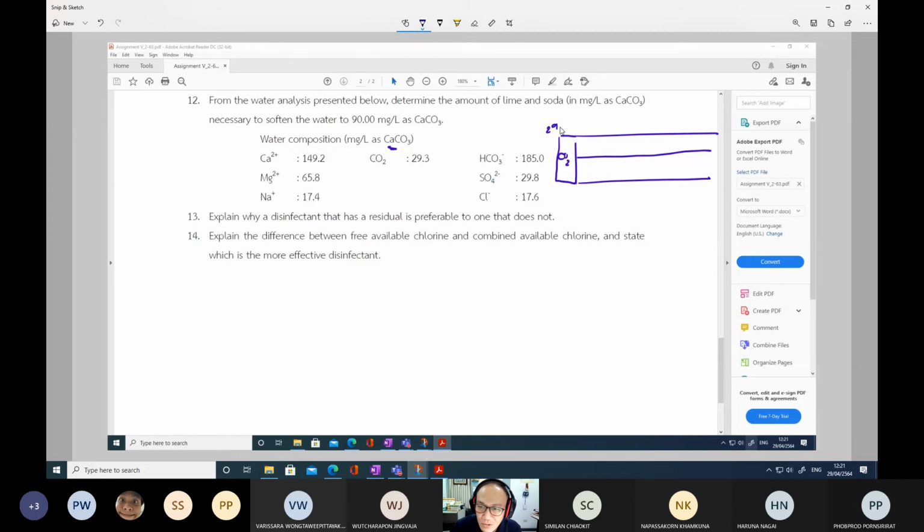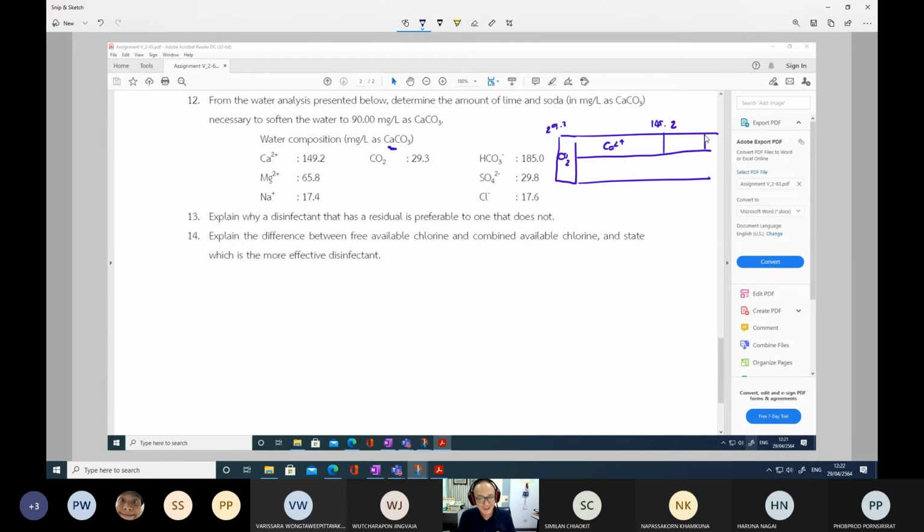This one is 29.3. Then for the calcium, it's 149.2. Magnesium is another 65.8. So how much is 49.2 plus 65.8?